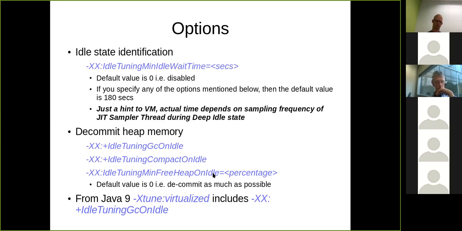So if you set min free heap on idle to say 20, that would mean out of the total free heap available to decommit, it will not decommit 20% of it. So 80% of it will be decommitted. As of now, the default value is 0. That means it decommits everything.